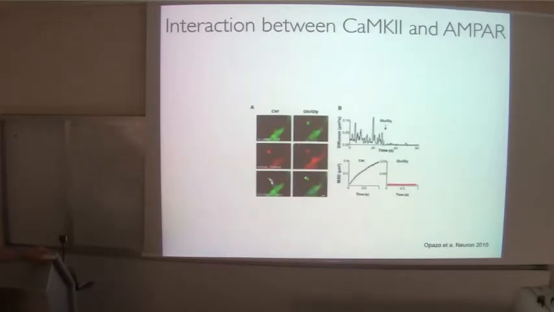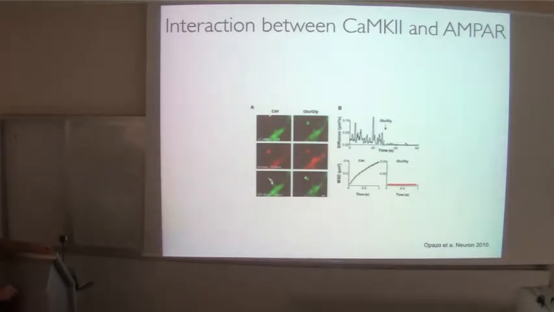Another indication, which is a little bit newer, is this issue of CaMKII. What you see here is an imaging of a dendrite and a spine, and we know that on top of the spine there is a synapse. This is just a fluorescent dye, so you see the synapse in both cases.